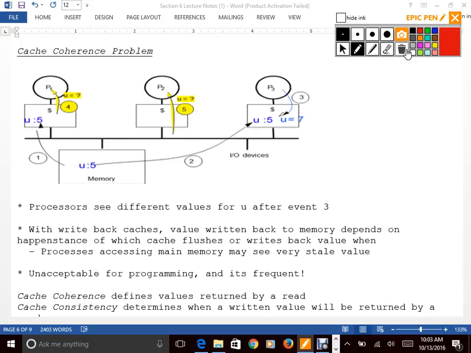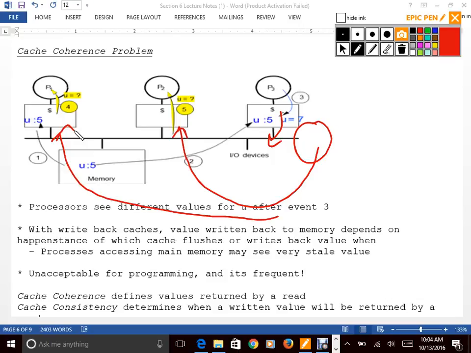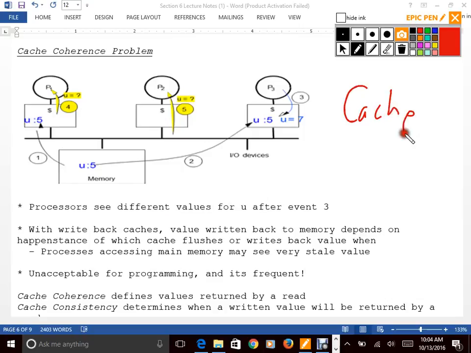So we'd want to put u on the bus, and then we use our oversight protocol to ask which other processors are using variable u at this moment. They'll say, oh, both of them are. And it'll say, all right, hold on. Before you do anything else, let me update this processor. Then it updates it to 7, and then it does its operation, and then it's using the correct value. So maintaining that is what cache coherence is.